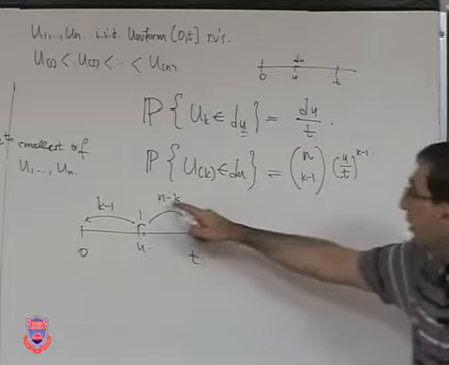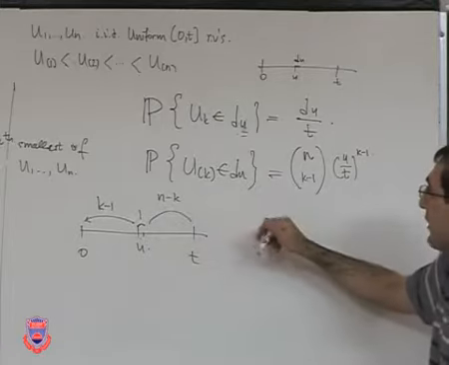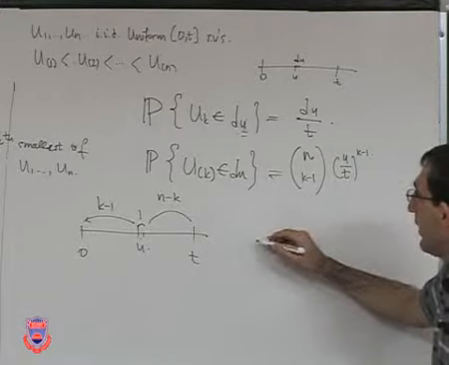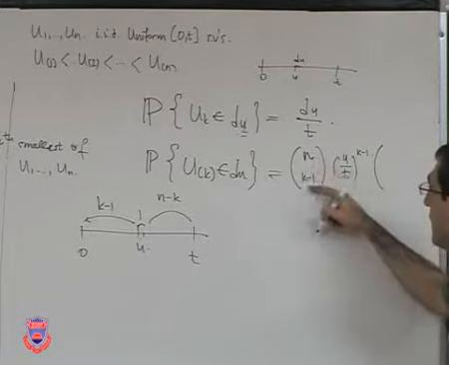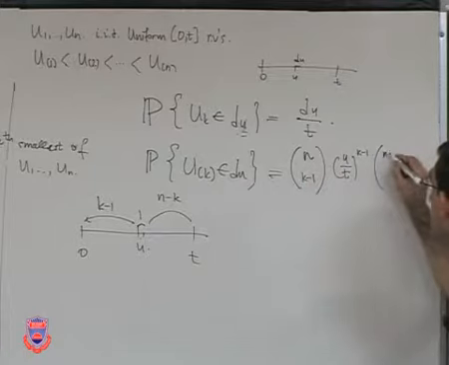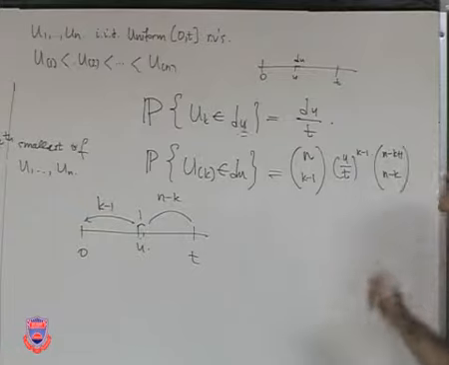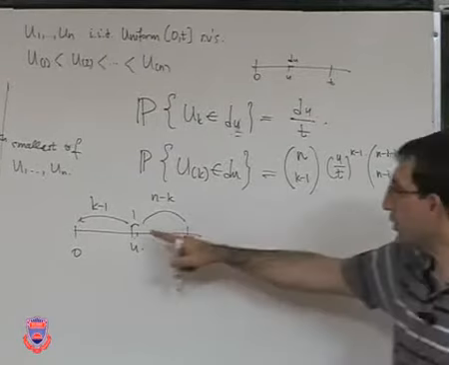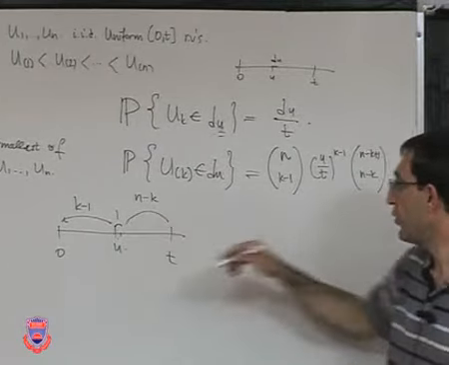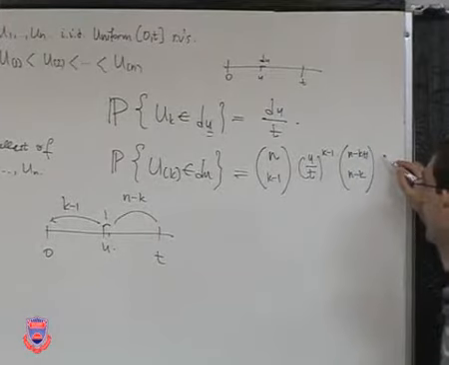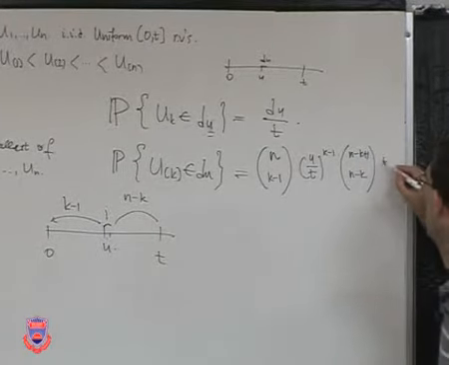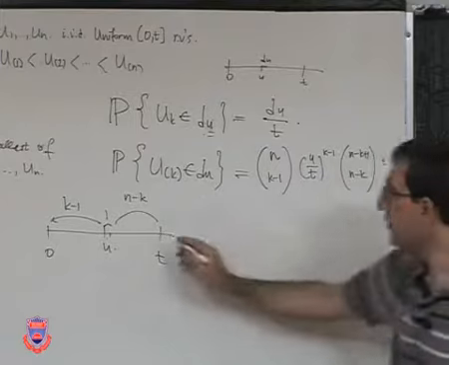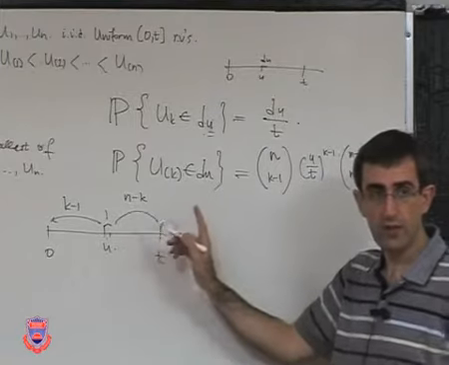And then you choose from the remaining, how many has remained? N minus k plus 1. How many do we have to choose? N minus k. We choose n minus k of them. I hope I am doing this right. And these are all supposed to be to the right of u, which can happen with probability t minus u, the length. They are uniformly distributed, you remember.